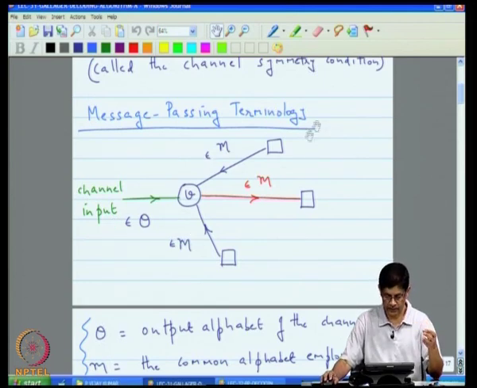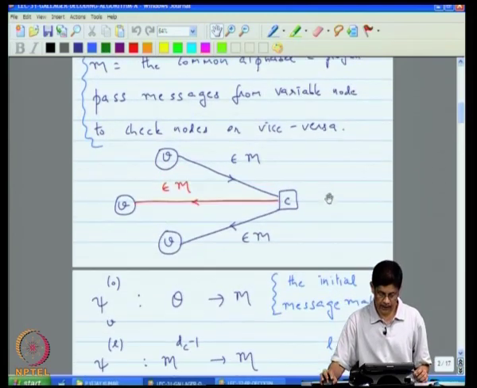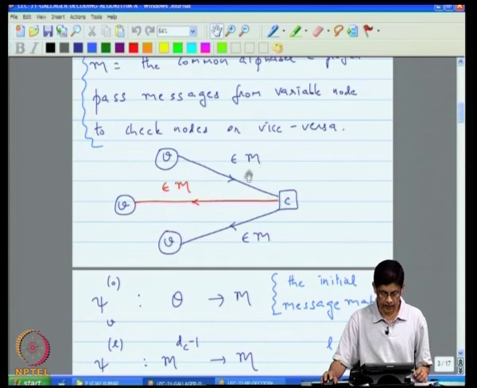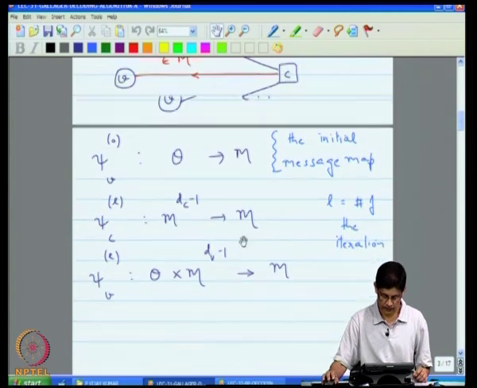In subsequent iterations, there are inputs from the check nodes, so what the variable node puts out is a function not just of the channel output, but also of the messages incoming from the other check nodes. At a check node, we just have incoming messages and a map from incoming to outgoing message.